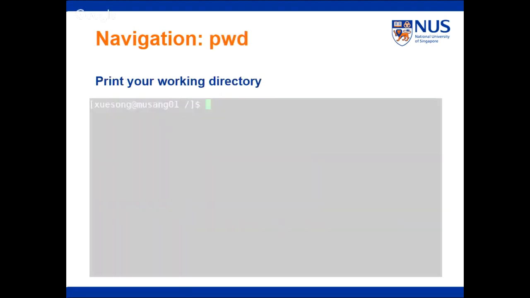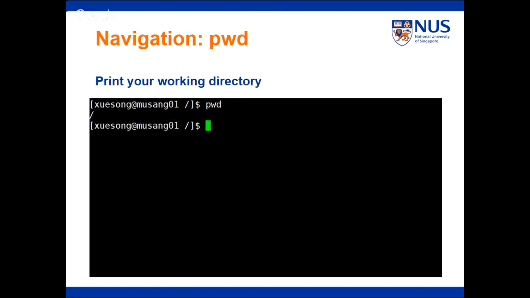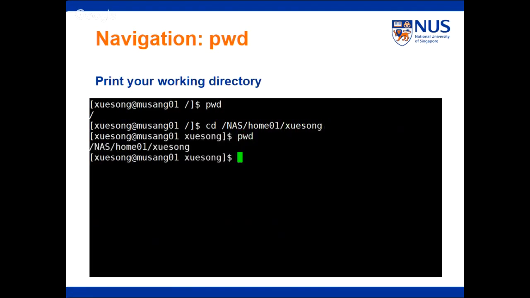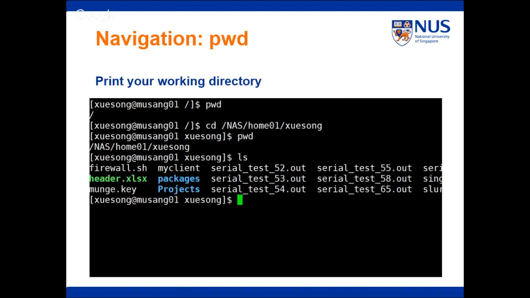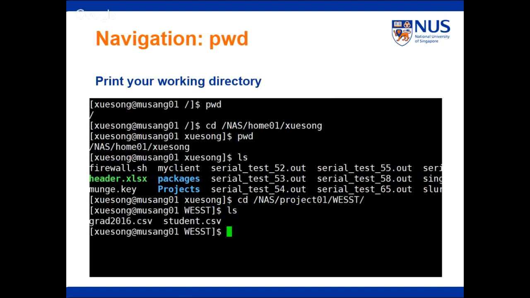Okay, let's go through it again. Use pwd to view your current working path, cd to change your directories, and ls to view the files in your directory. Of course, something I didn't mention is you can use ls followed by the path name.